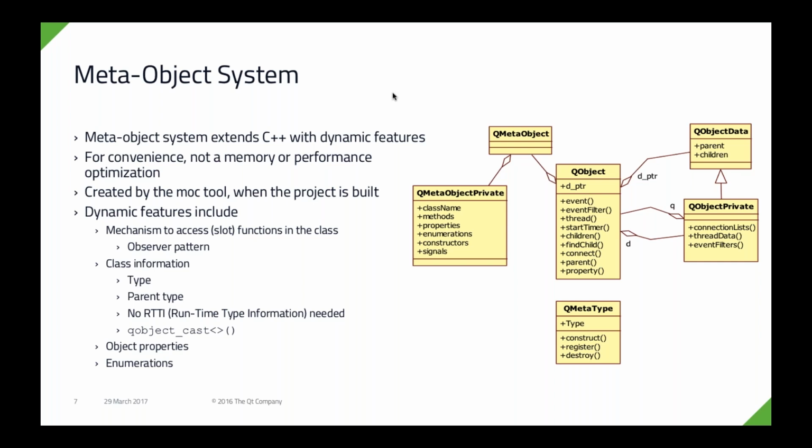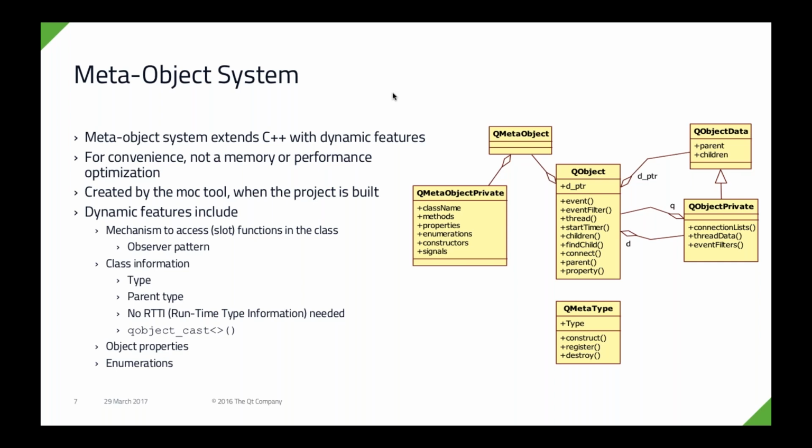As I said, when you run qmake on your projects, qmake will run the MOC tool, the meta object compiler. It creates the C++ code for the meta object. When you run it across a project which has QObjects with the Q_OBJECT macro, it will pick up the macro and create the meta object classes, the C++ for the class.